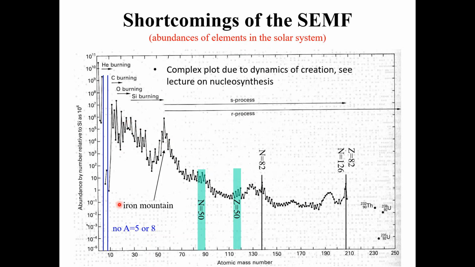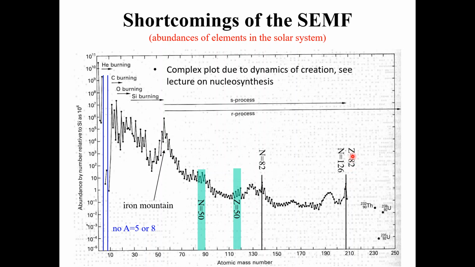Here you can see how it has been plotted: the abundance relative to silicon, as 10 raised to the power minus x, plotted against the atomic mass number. Here again we have a drop at the magic number 82.